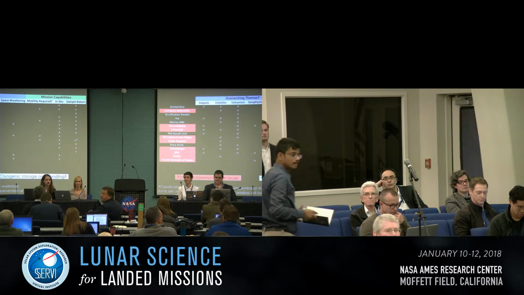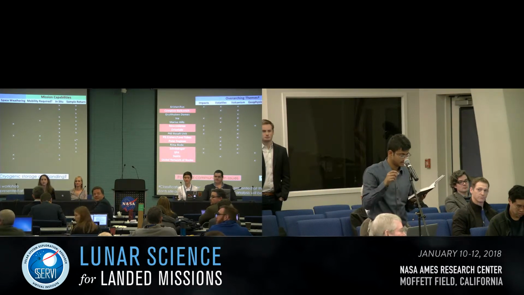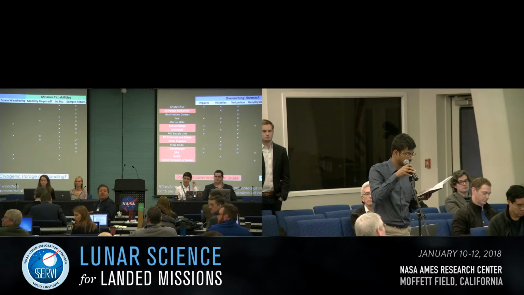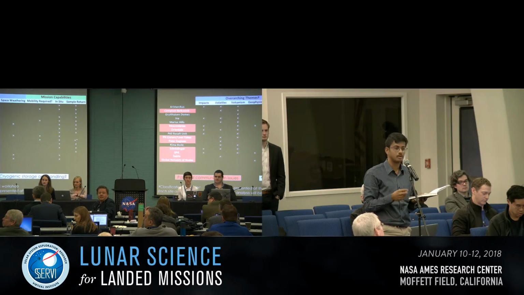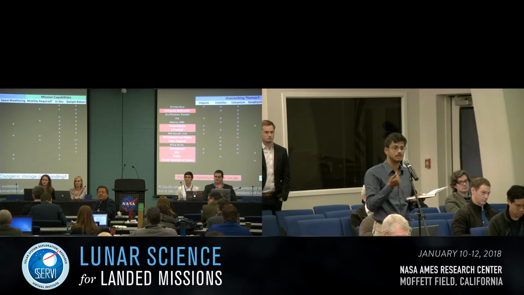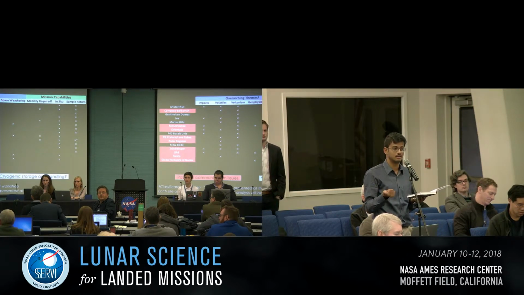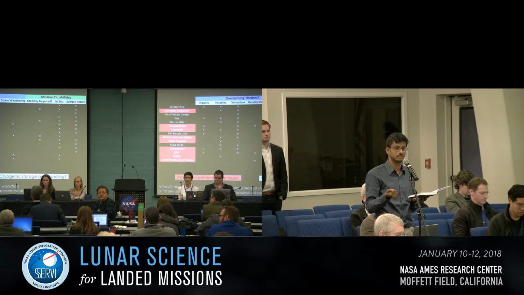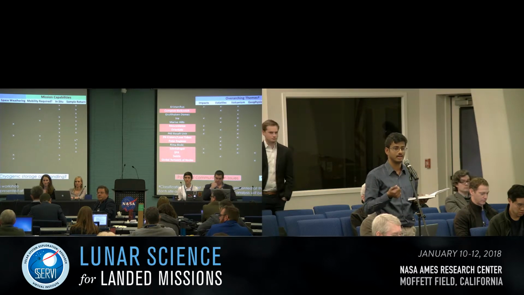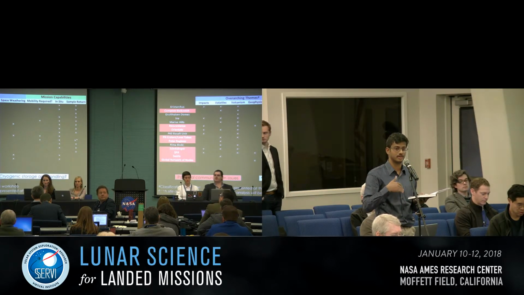Any more questions for this panel? I just had a few comments. One of them was that comm relay need not necessarily be to enable far-side missions. We've already seen that the loading on DSN and even the ESA deep space antennas is pretty high, and they're supporting missions farther than the moon.